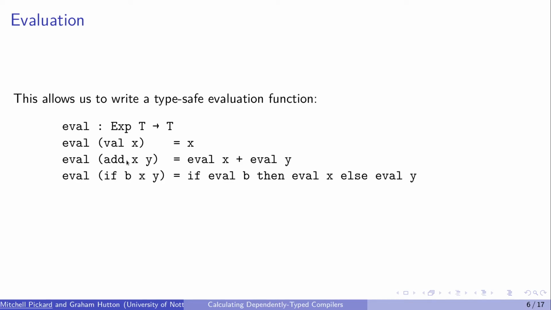An addition now, because we specified previously from the type of add that the two expressions have to be natural number expressions, once we evaluate this recursively, we know this is going to be a natural number. So we can add together these two natural numbers to get a natural number out the other side. And it's exactly the same thing with if. Because we have that proof of the types before, we can plug it straight into Agda's if then else function, and it will all just work.